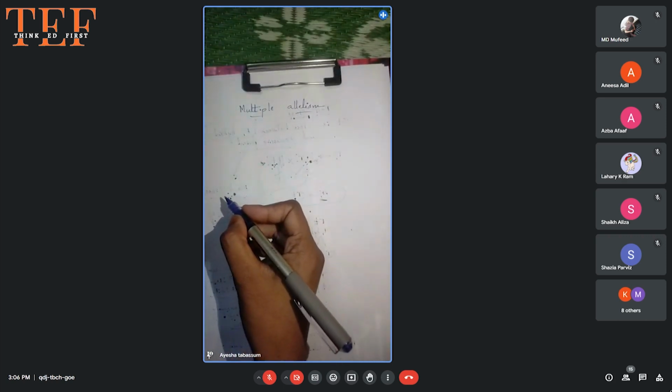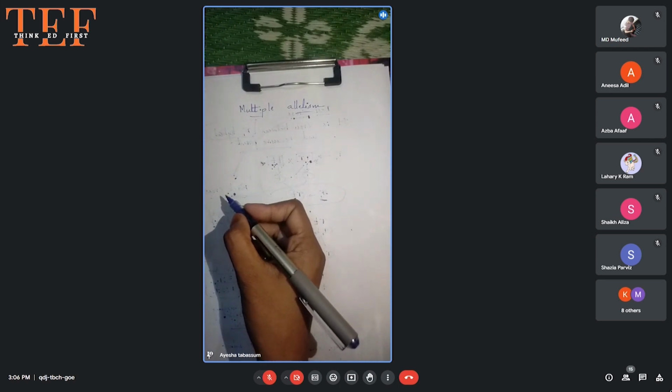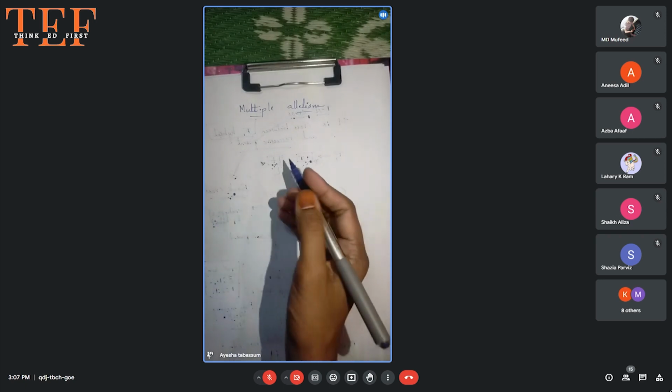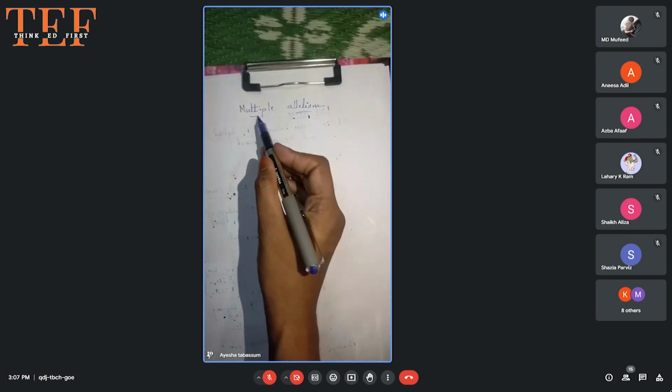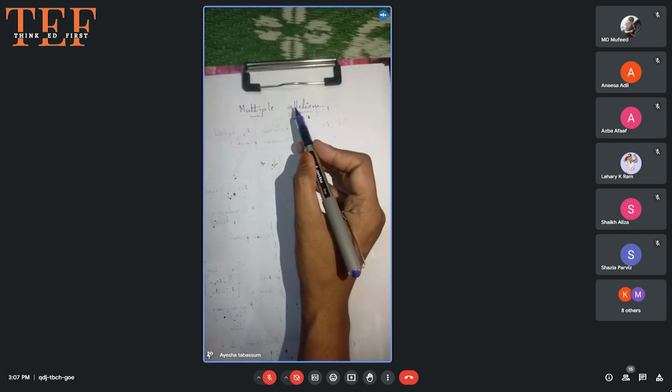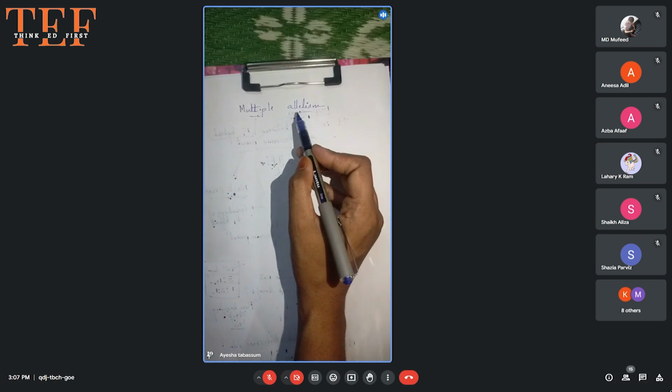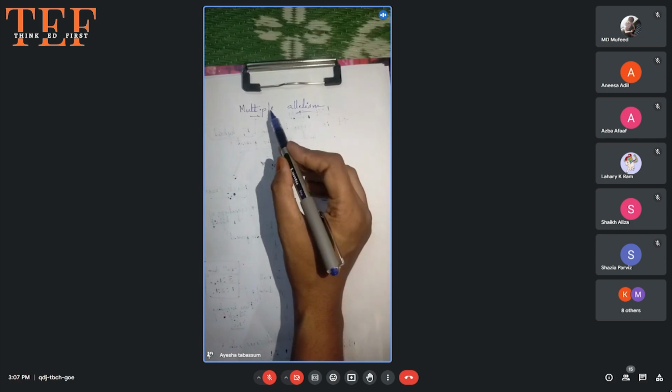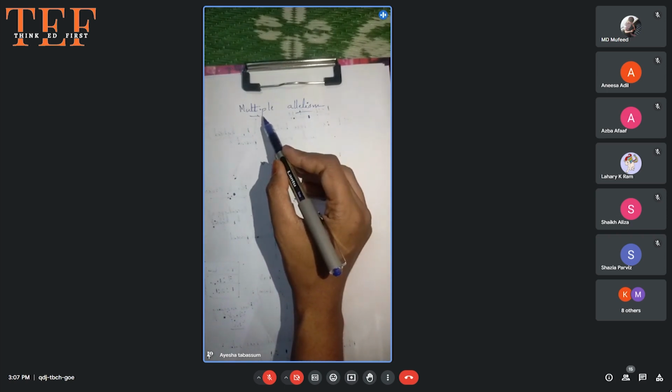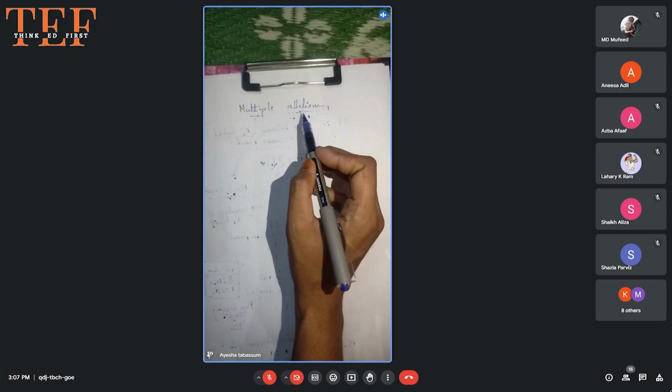The expression of a gene in more than 2 allelic forms is called multiple allelism. See, in the name itself you can understand: one gene is having many allelic forms. If a gene has multiple allelic forms, it is called multiple allelism.